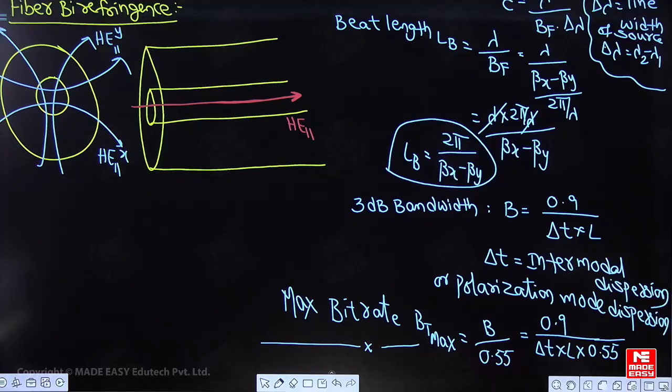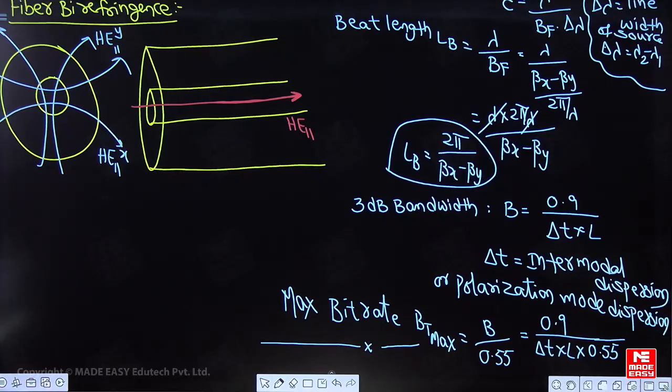The birefringence BF for the fiber is, write down the formula: BF is equal to beta x minus beta y divided by 2 pi by lambda.